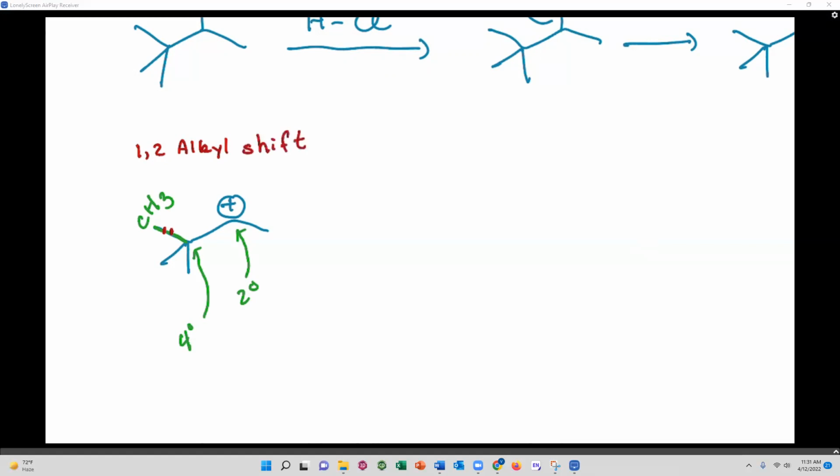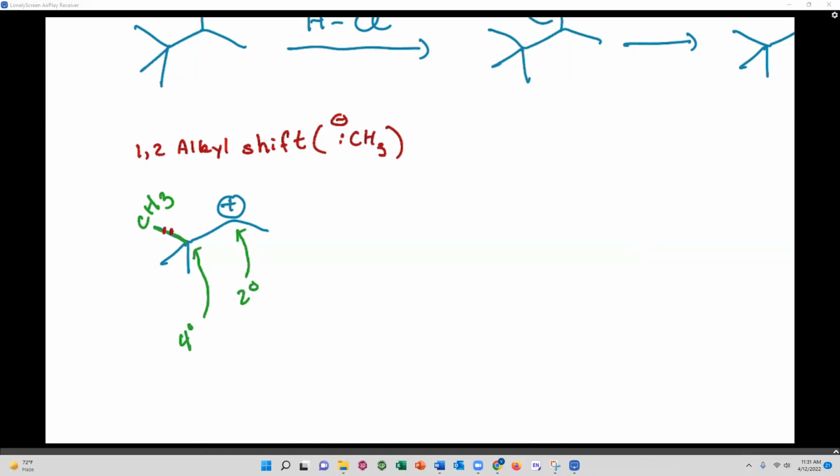Now, again, remembering the carbocation right now is residing on a carbon that is hypovalent and only has 6 electrons. Okay. And so when I move my alkyl group, my methyl group, I'm going to move it over as a so-called methide anion. Okay. In other words, I'm going to take the electrons with it.